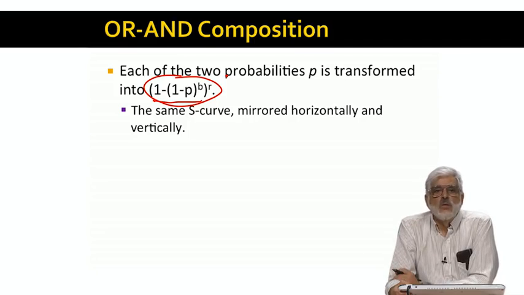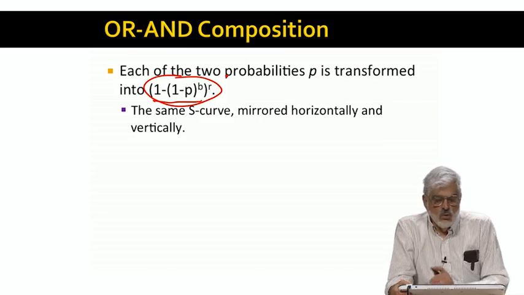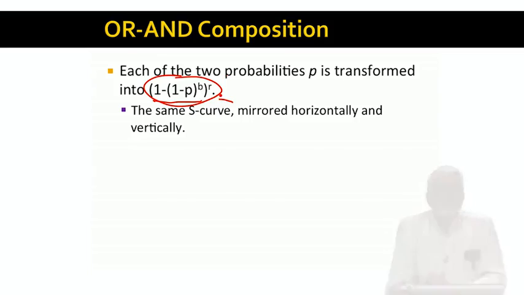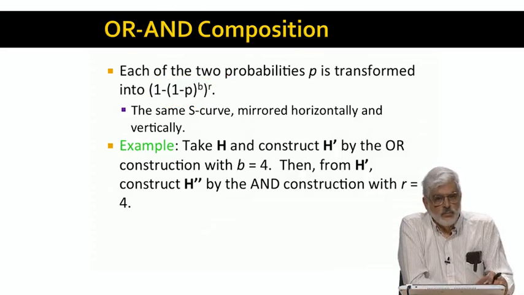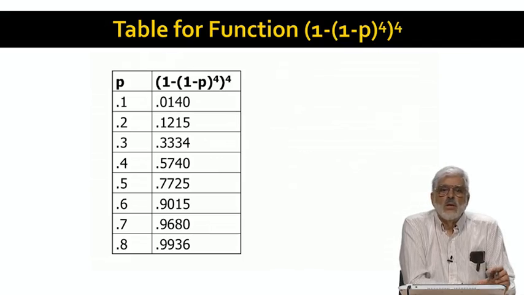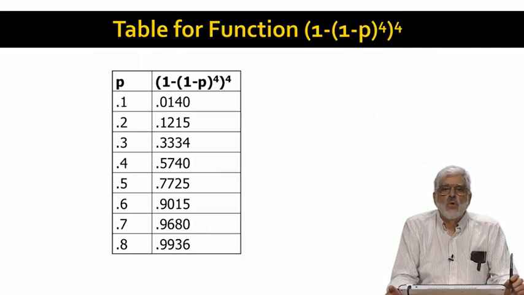Starting with that curve, you mirror it vertically and then mirror it horizontally, or mirror it first horizontally, then vertically. It doesn't matter. The result will be the curve for this expression. We'll again do an example on the next slide. It is a four-way OR followed by a four-way AND. So here's the table for the OR-AND construction, each using 4 from the previous LSH family.